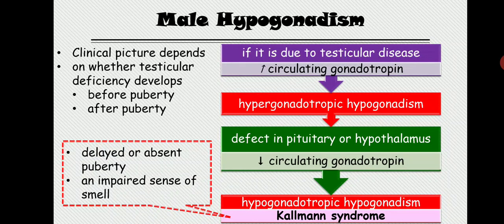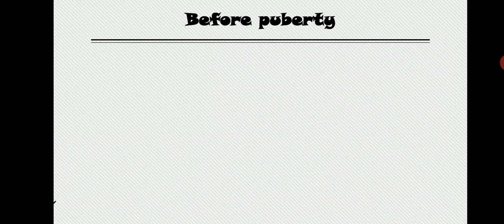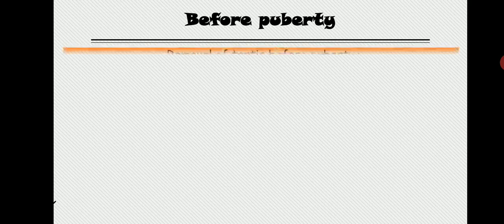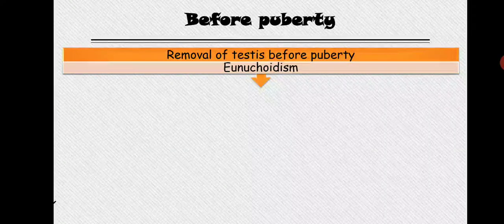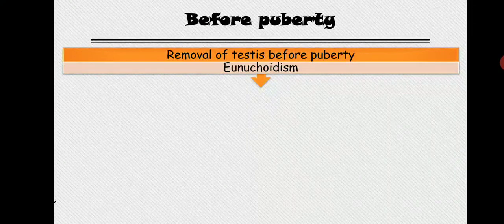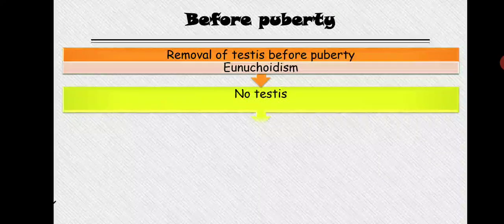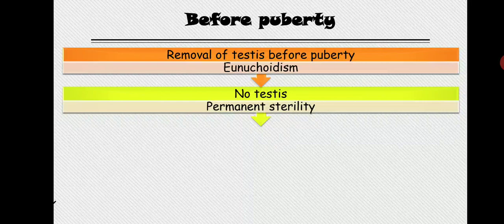Now what happens if this deficiency of testosterone is present before puberty? If the removal of the testis happens before puberty, then eunuchism occurs, that is incomplete or less clear sexual differentiation. So no testis will lead to permanent sterility.